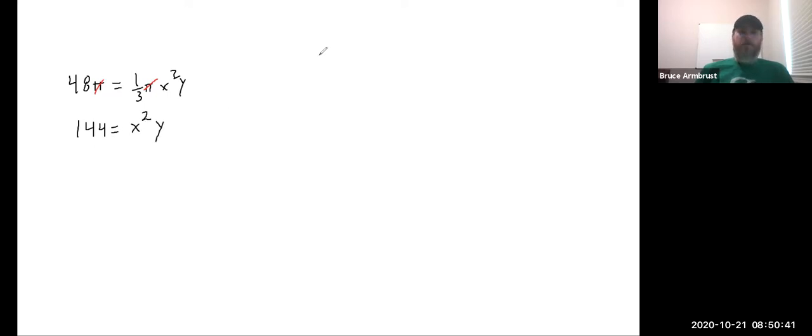All right, so we want dy dx. So let's go ahead and implicitly differentiate this. We'll do a d dx. On the left-hand side, the derivative of 144, of course, is 0 because it's a constant. And what do we have to do on the right side?